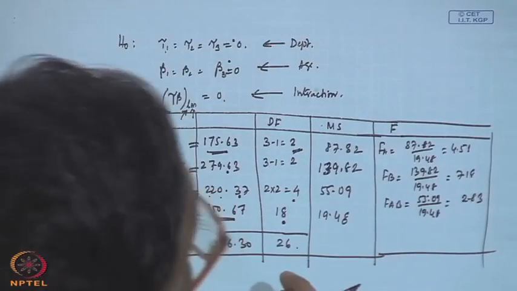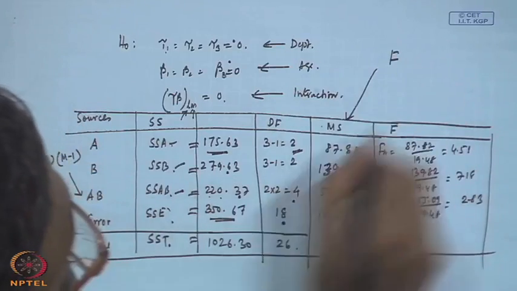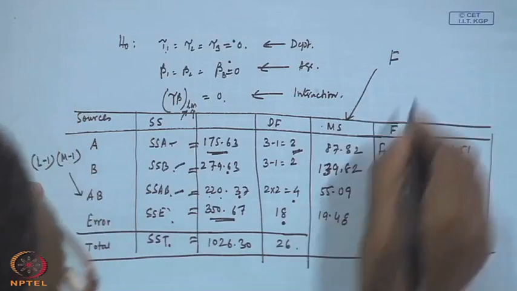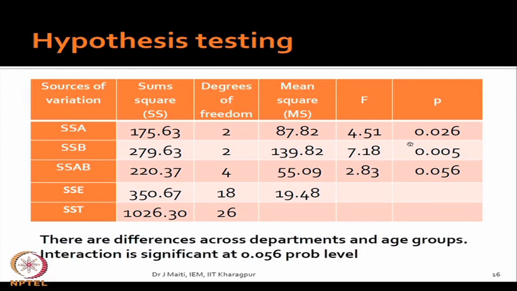What you require now? You require to find out the tabulated value, let us say alpha value you take 0.05. Now, see this, we have identified what is the p value for F equal to 4.57 with degrees of freedom 2 and 18. This is 0.026, it is less than 0.05.